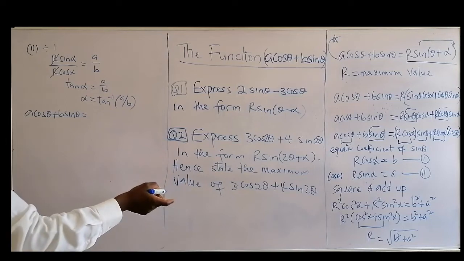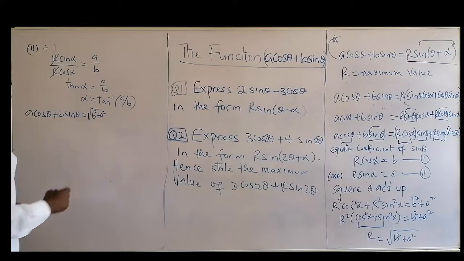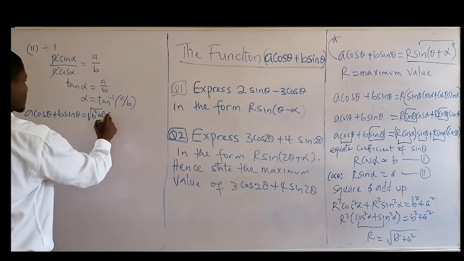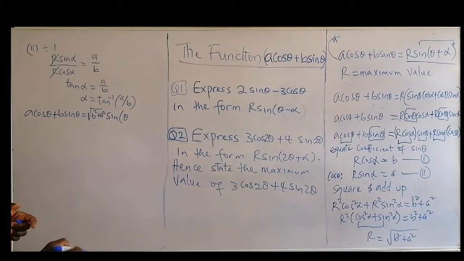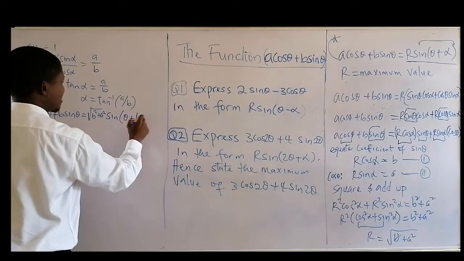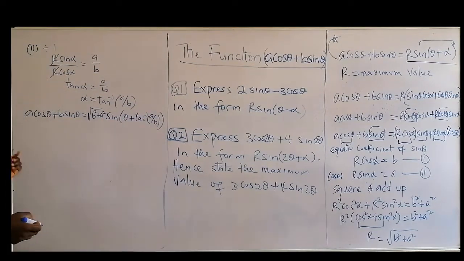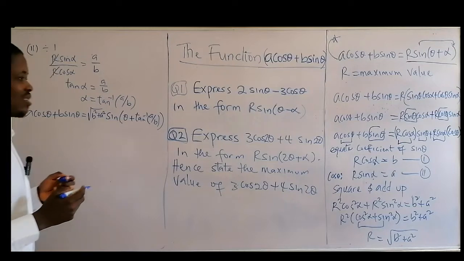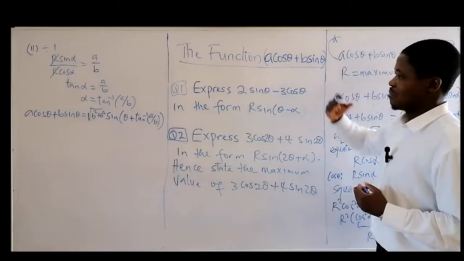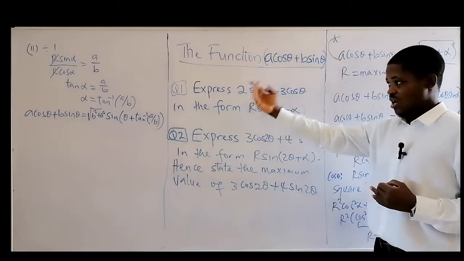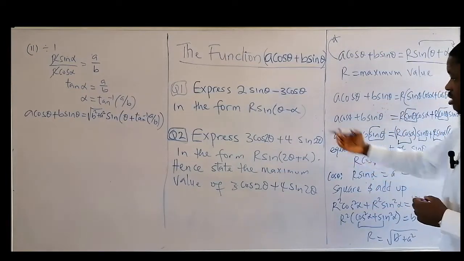Your maximum value is the square root of b² + a², and then your angle is plus arctan(a/b). So that's that on this question. Next we want to look at the practical questions and apply what we just said, applying all these procedures.